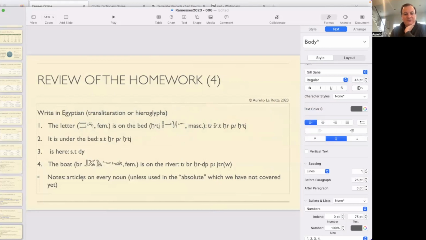And the homework that people sent in, I saw sometimes there were no articles on there yet. And it's easy because especially if you learn Middle Egyptian, you're so used to not needing articles. In Late Egyptian, they're pretty much de rigueur. You will find them on most nouns. Only exception, there are some cases when you use a noun in the absolute sense, which we haven't covered yet, but that happens, for example, when you remember the sentence Chisimpai, it's a dog.